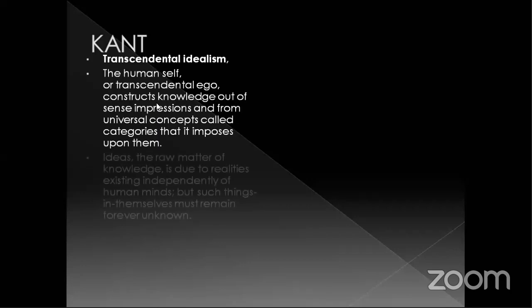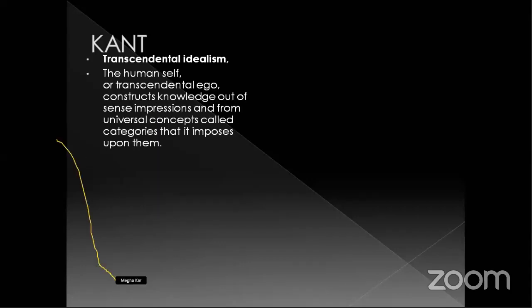Well, we call Kant's philosophy transcendental idealism. The human self or transcendental ego constructs knowledge out of sense impressions and from universal concepts called categories that it imposes upon them.